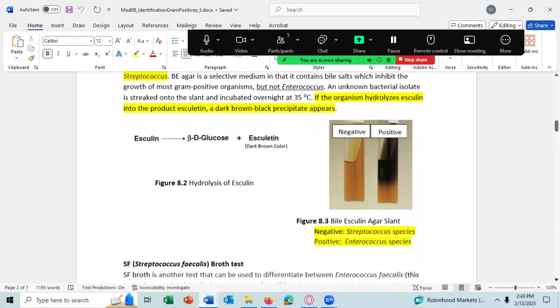It's the hydrolysis of esculin. So that's the esculin positive test, esculin negative test. The negative esculin test will be Streptococcus species, and the positive esculin test will be Enterococcus species. Any question about the esculin test?